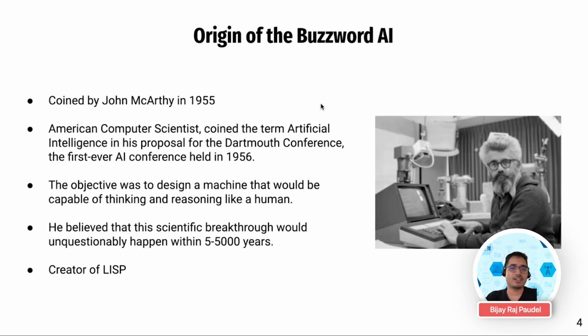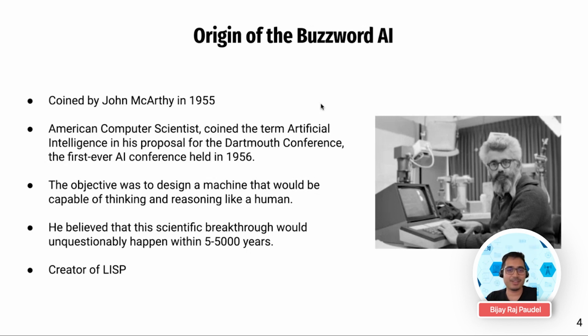The objective of that conference was to design a machine that would be capable of thinking and reasoning like a human. John McCarthy first wrote that proposal to gather scientists to design such a machine, and there he introduced the term artificial intelligence.